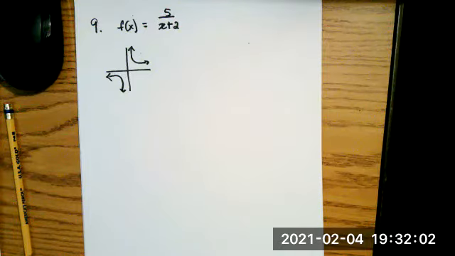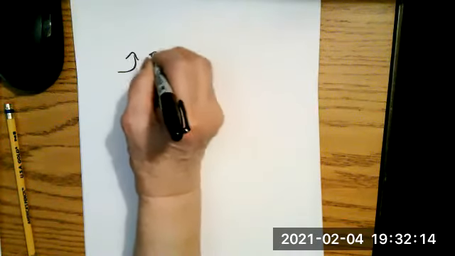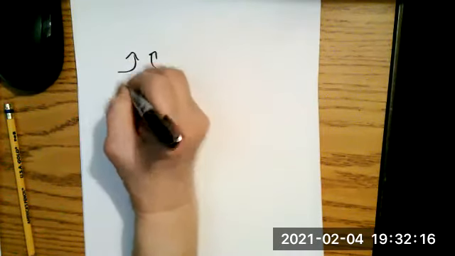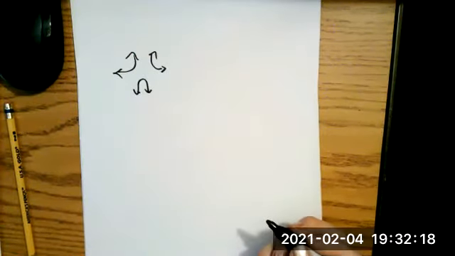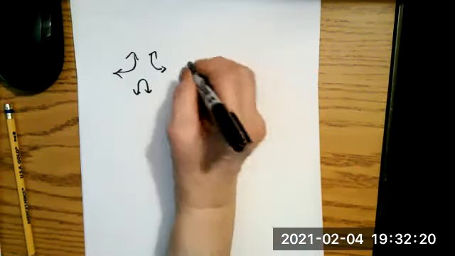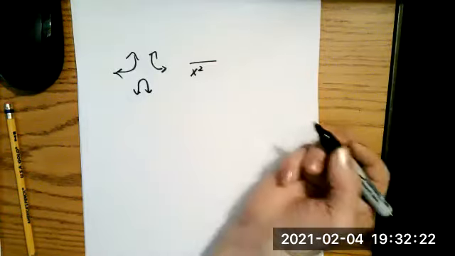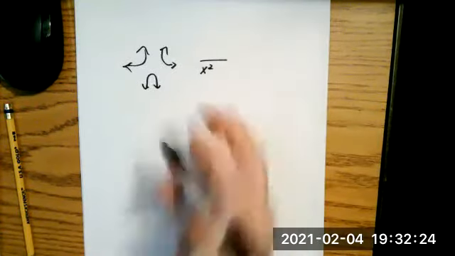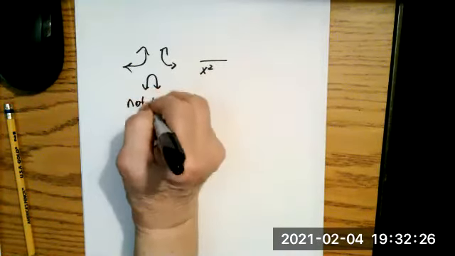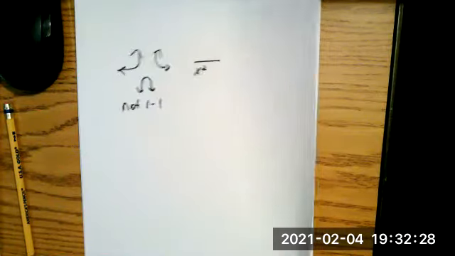The other one we had looked like this. It had 2 branches up here, and it had a branch down here. Do you remember that one? That's a rational function too, but it has an x squared term in the bottom. And this one is not 1-to-1. So you can't find an inverse on it.